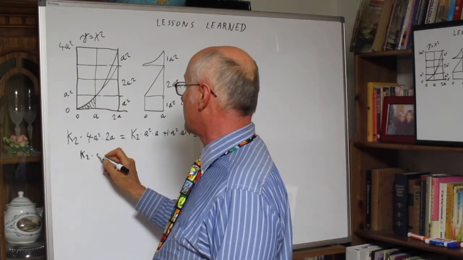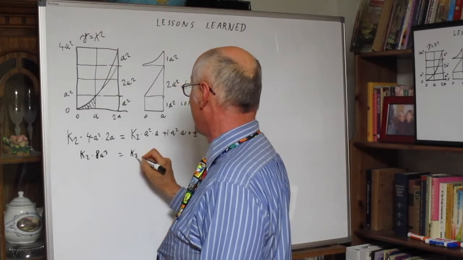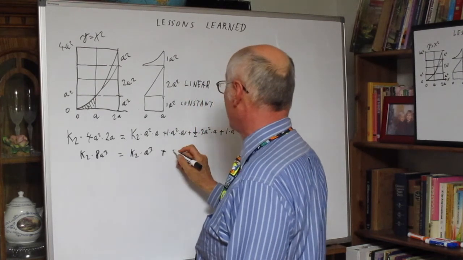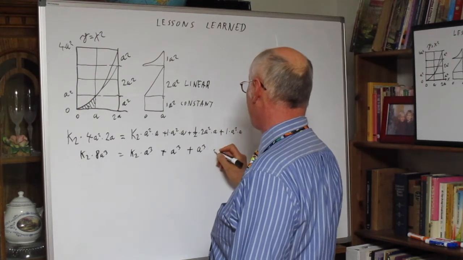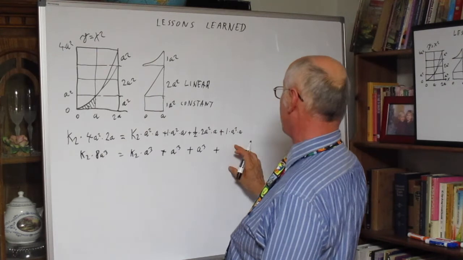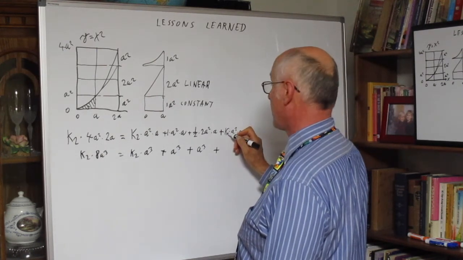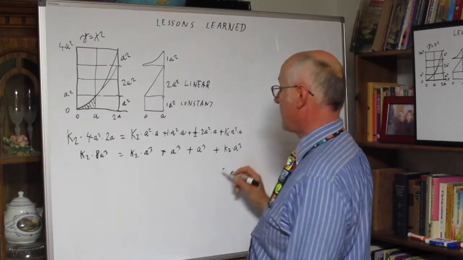K2 times 8a cubed equals K2 times a cubed plus a cubed plus a cubed plus, am I doing something wrong? Oh, not 1. K2 times a cubed.